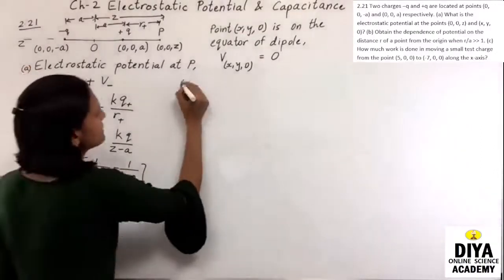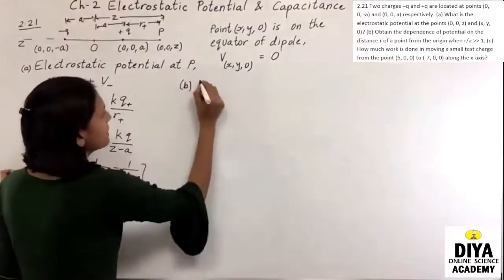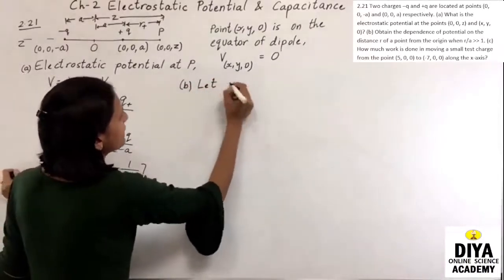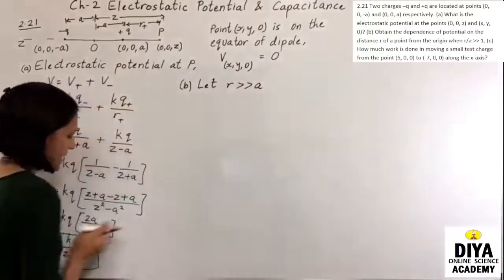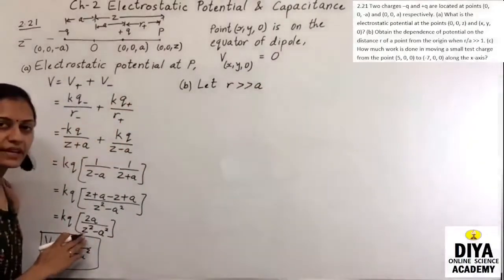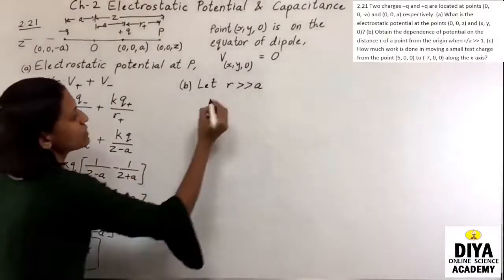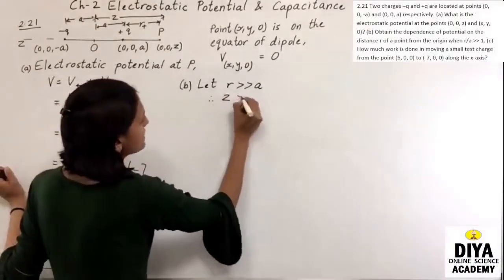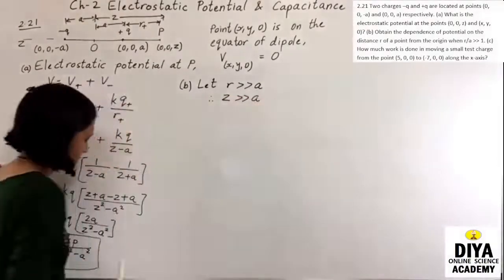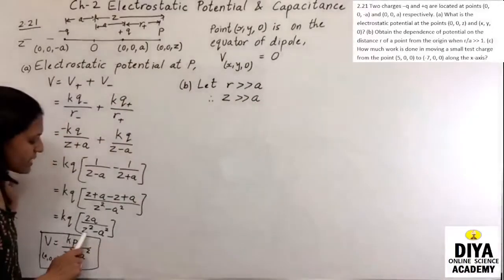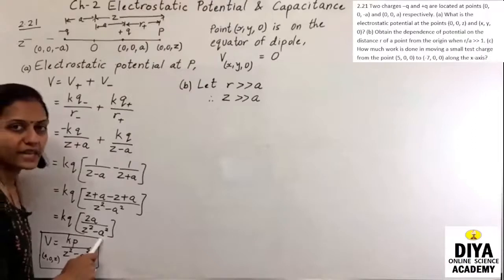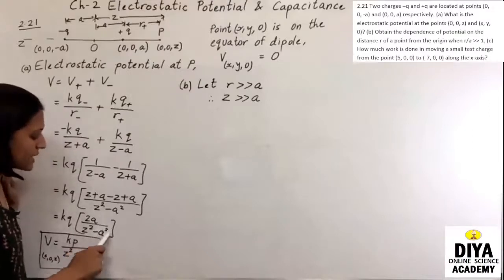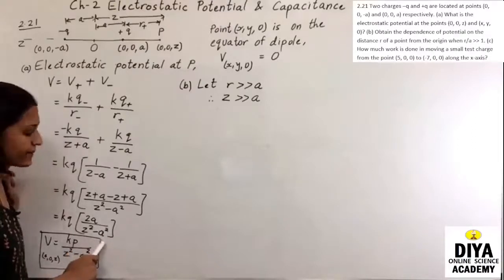Now for B, let r be far greater than A. R, that means over here we have taken it as Z. So Z is far greater than A. So in comparison of Z, A square will become very small, so that can be neglected from the denominator.